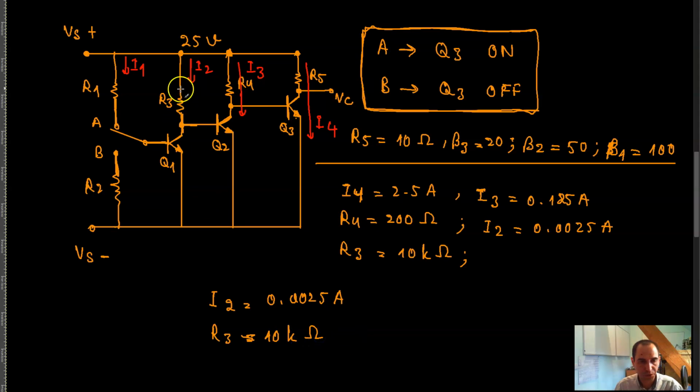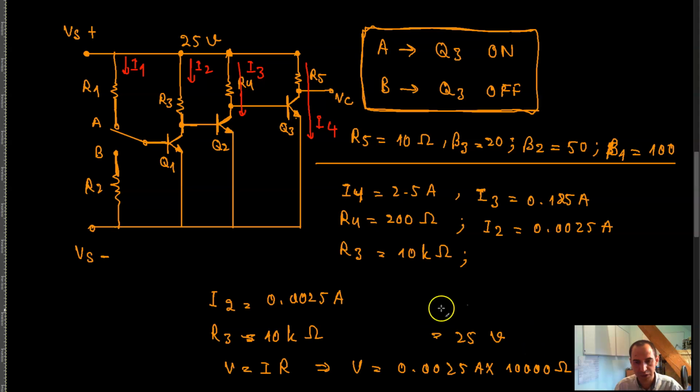Now if this current goes through this resistor, you know that V is equal to IR, so the voltage drop across this resistor would be 0.0025 amp times 10 kilo ohm, which is 10,000 ohm, and 10,000 times 0.0025 is the same thing as 25 volts, which is equal to the supply voltage, which means that the whole supply voltage is across this resistor.